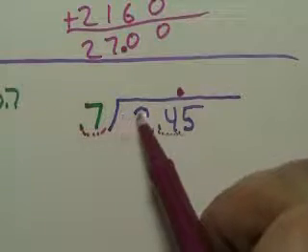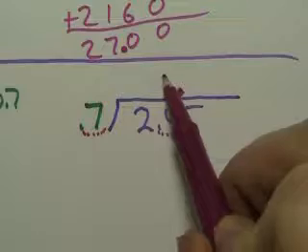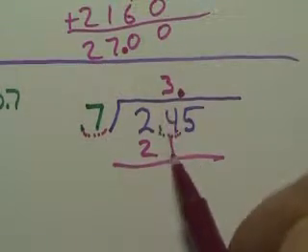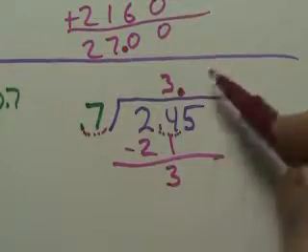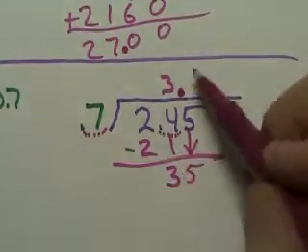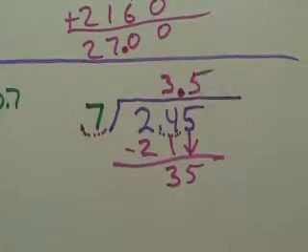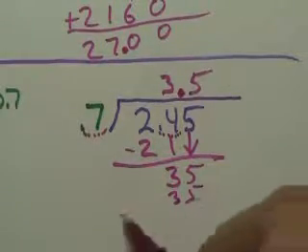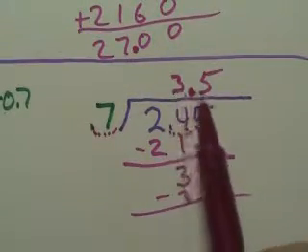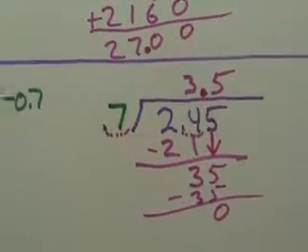No. Does 7 go into 24? Yeah, 3 times. 7 times 3 is 21. That gives us 3 left over. Bring down the 5. 7 goes into 35. 5 times, right? That gives you none left over. So 3.5 is our answer.